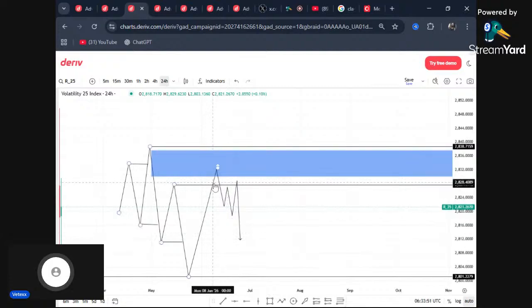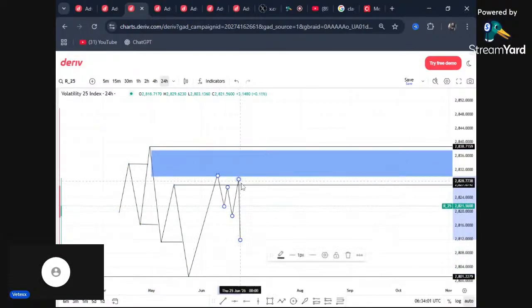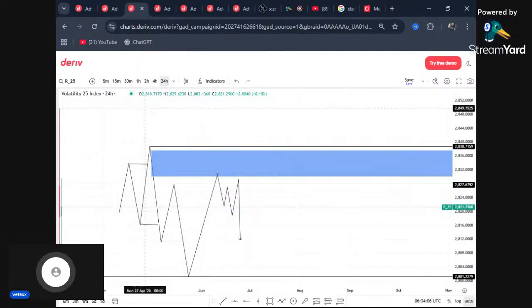Take for example, if this is the 4-hour time frame or the 2-hour time frame, we always wait for a continuation setup to form in this way so that we can then start taking the trade to its target. You can hold this trade on this 1-hour continuation to this point. If it is on the 24-hour time frame, then you can decide to hold it to the full target.